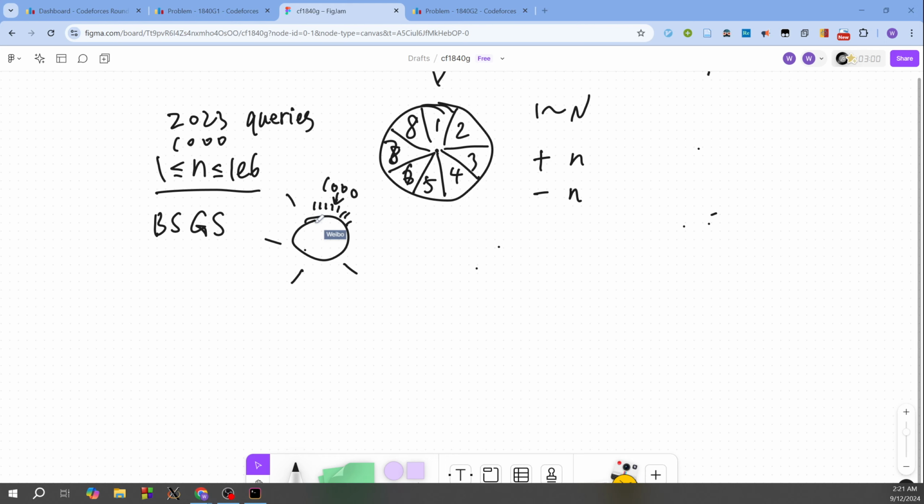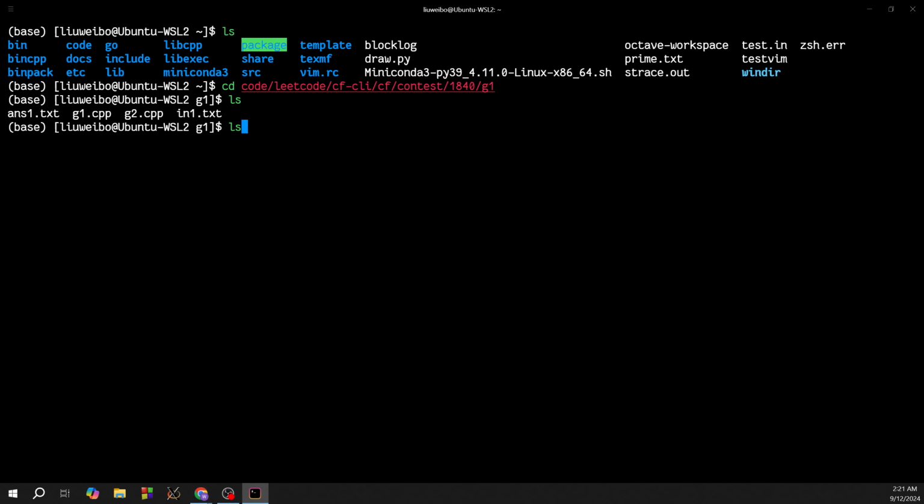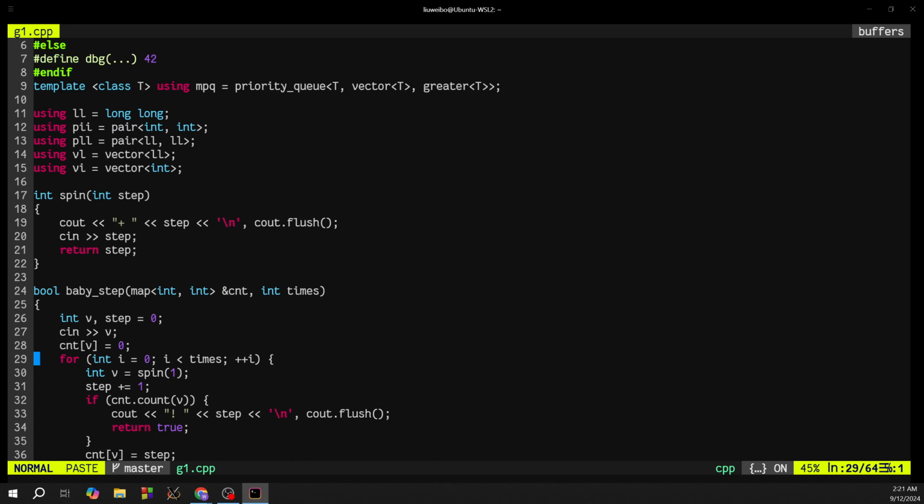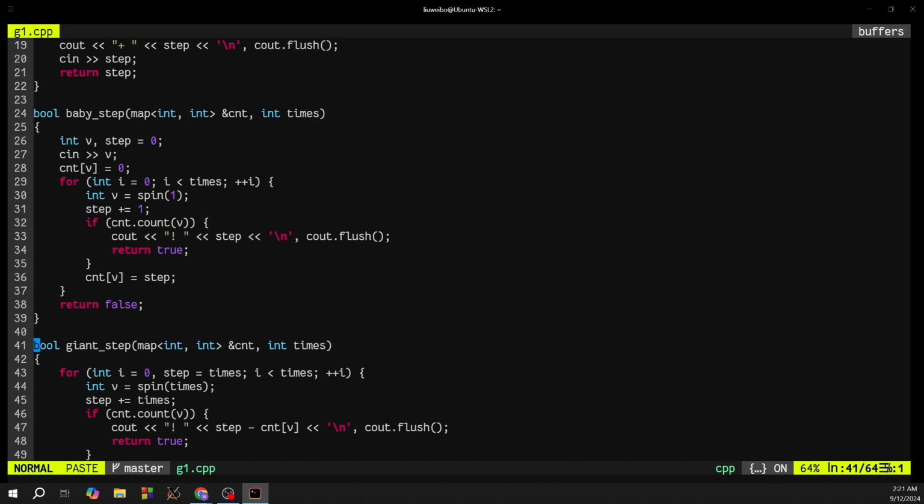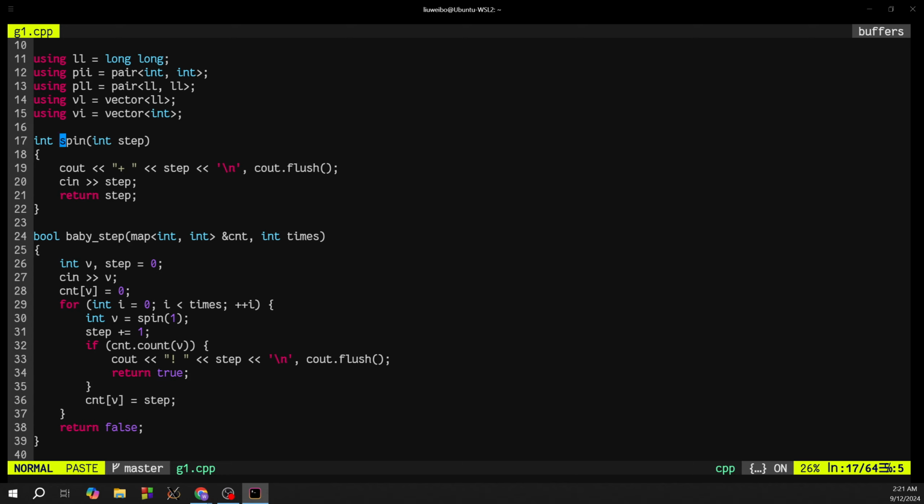So let me show you the code for the G1 problem. Each time we spin the wheel, we output a plus number, which means rotate clockwise. We need to rotate clockwise only in this problem.